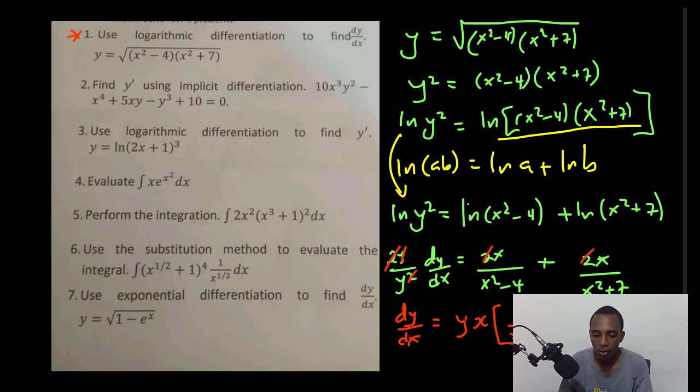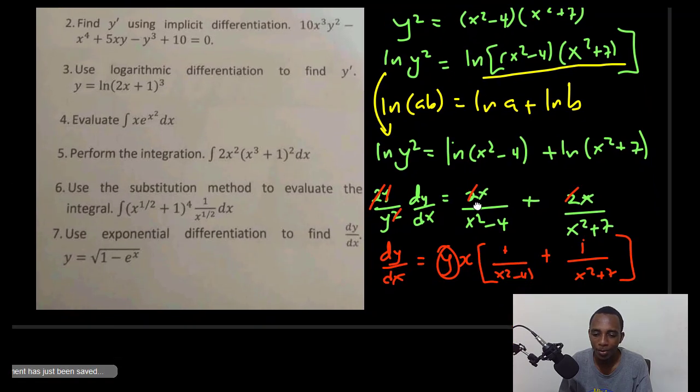So lastly I have to replace for y, because we're finding the derivative of y with respect to x, so it's nice to have our answer written in terms of x.